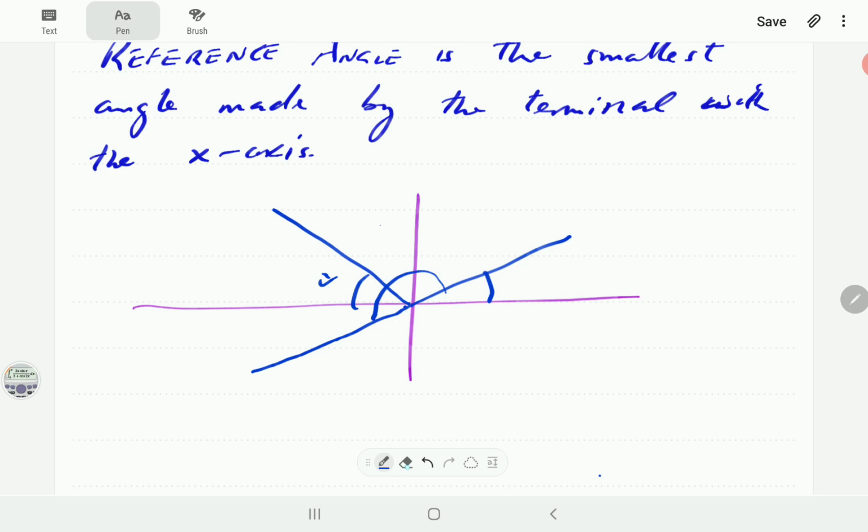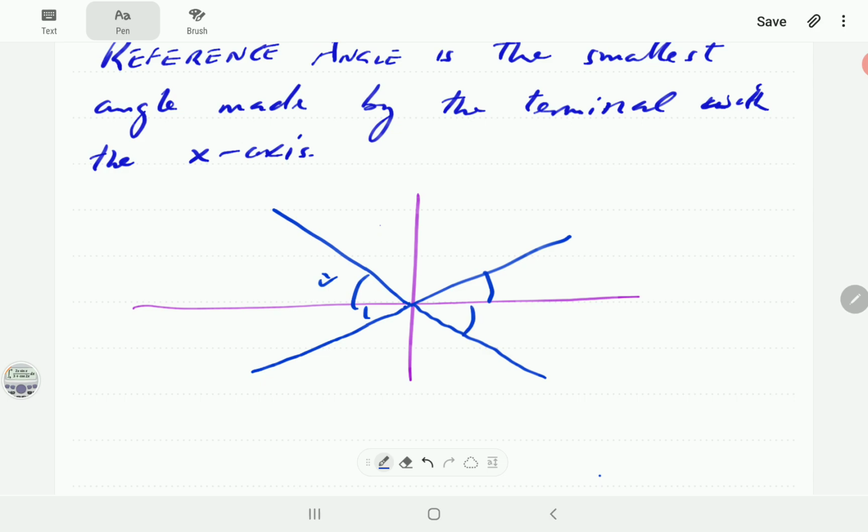In terms of smaller angles it makes with the horizontal axis, there is this angle here and there's this angle here, but the smaller one is going to be this one. Remember, we said this is always going to be acute. And then if we've got an angle in the fourth quadrant, then that is going to be the reference.